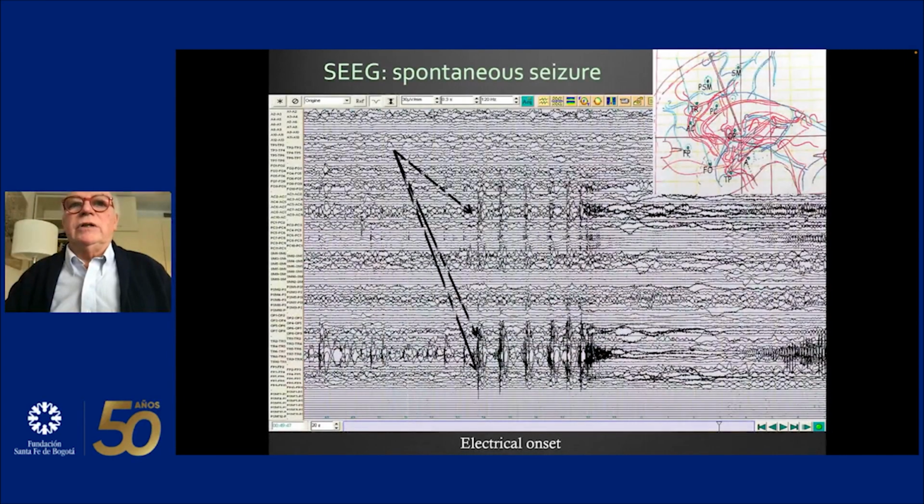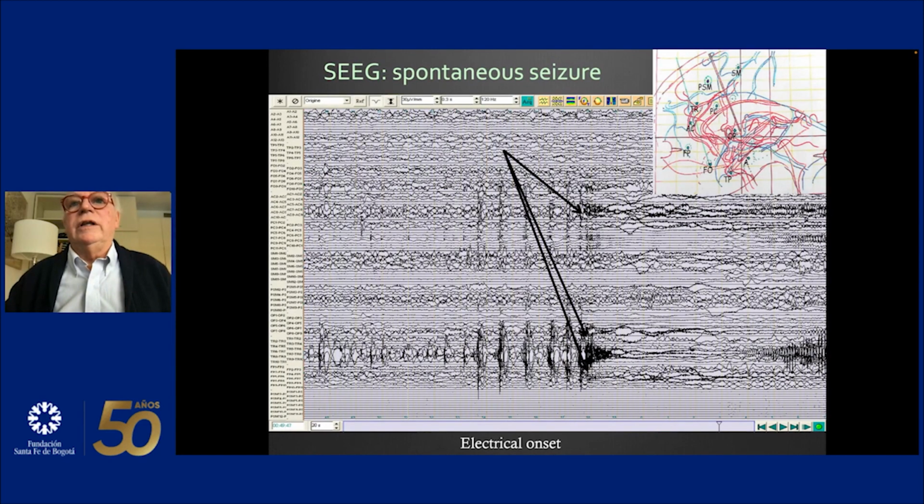In this patient, as you can see, there is a critical spike in this region, which is in the ventrolateral prefrontal cortex.